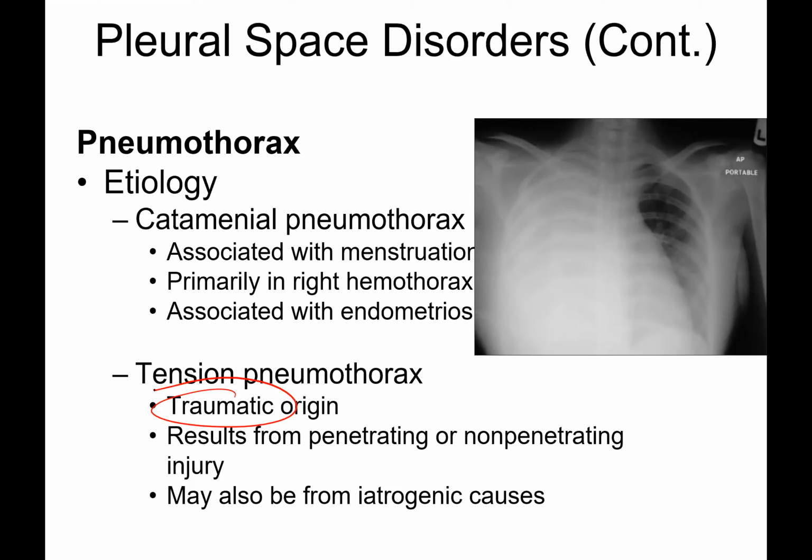It's characterized by air in the lung there. Air on X-ray has that kind of black cloud appearance. You can see the lung is collapsing because of the change in atmospheric pressure.